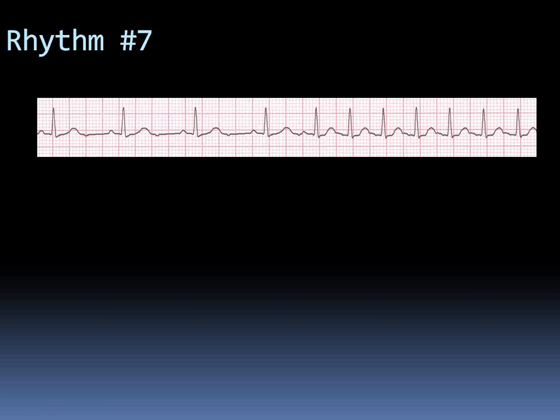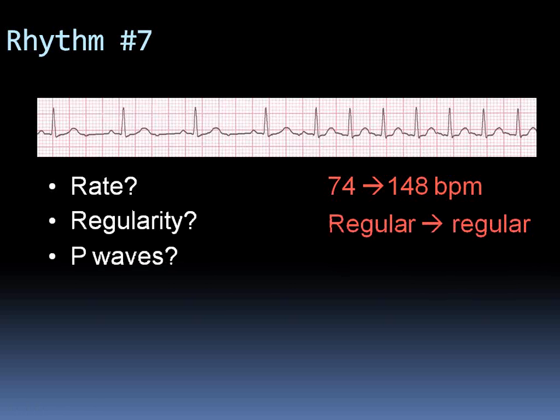Once again, this is fast, regular, and there is no P wave before QRS. This is an ECG of a patient in supraventricular tachycardia. Okay? So the rate is about 150. It jumps from 75 to 150. Remember this pattern. Sometimes it is about pattern recognition. No P wave, extremely fast, normal looking QRS. Okay?